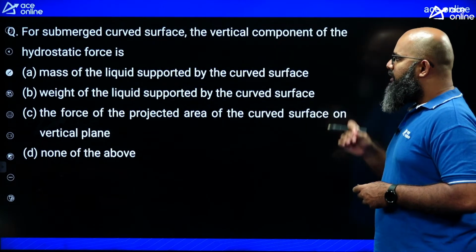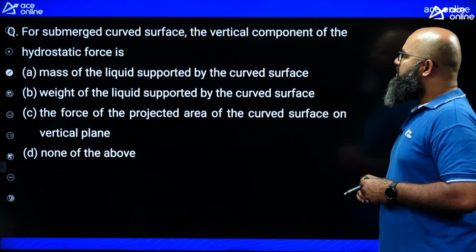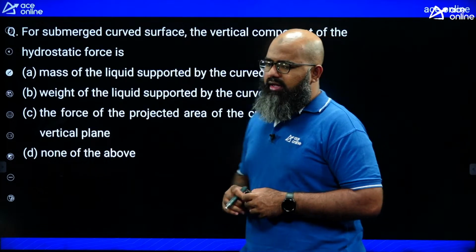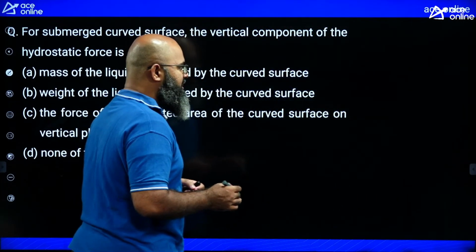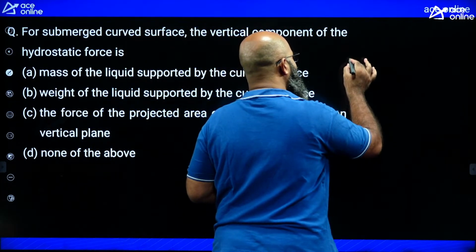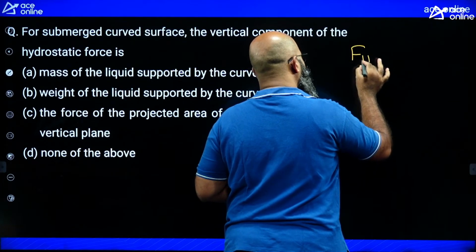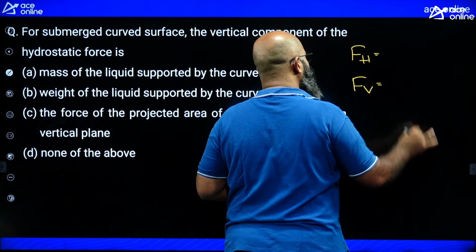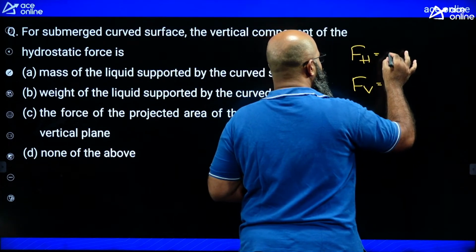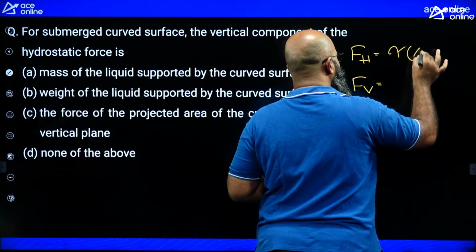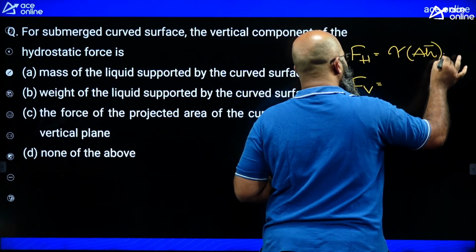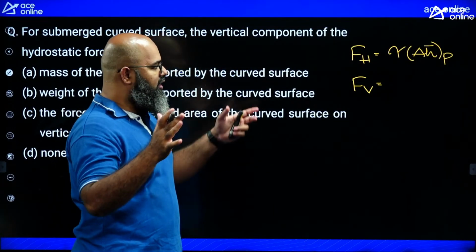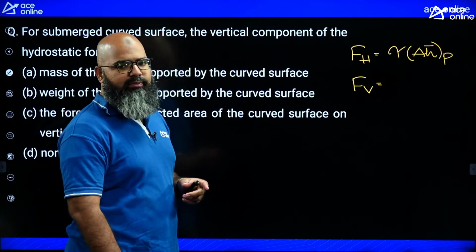Next thing, for submerged curved surface, the vertical component of hydrostatic force is equal to how much? Now in the case of curved surfaces, there are two components of hydrostatic force. One component is horizontal, one component is vertical. Horizontal component is equal to gamma into area h bar of projected area. When you project the curved surface area on a vertical plane, then you get some projected area.